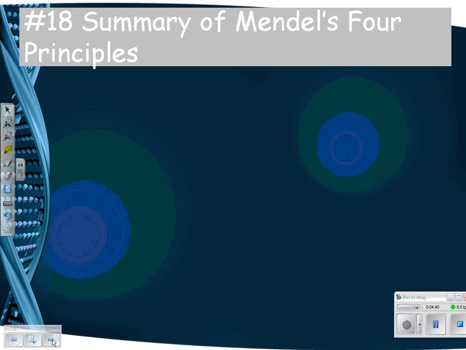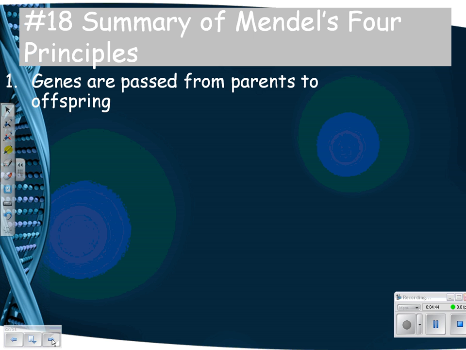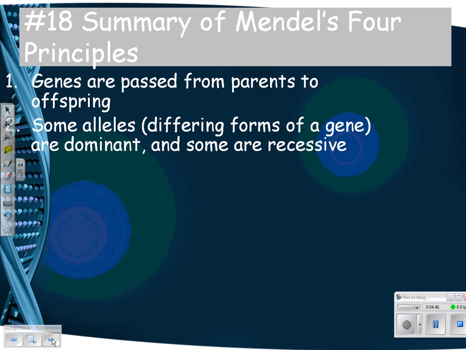So here's a summary of Mendel's 4 principles. First of all, genes are passed from parents to offspring. Some alleles, different forms of a gene, are dominant and some are recessive. So like the green pea is recessive to the dominant yellow.